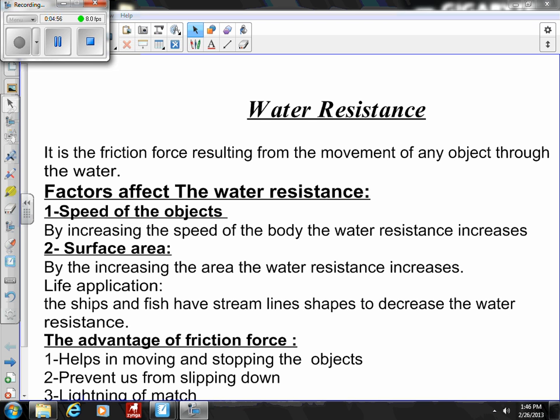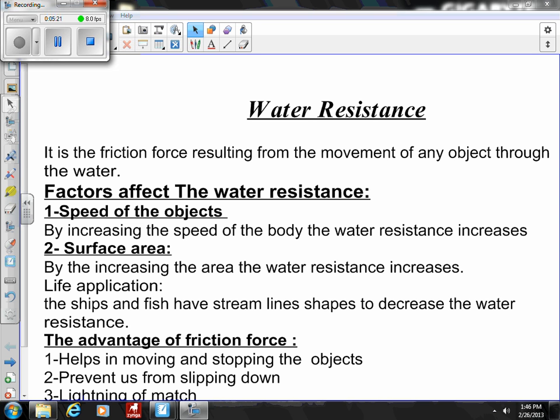Okay. Apply the rule, which is faster? Huge ships or small ships? Because small ships have high or low surface area?